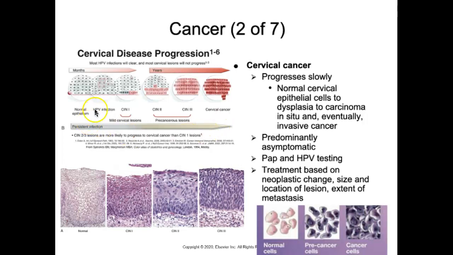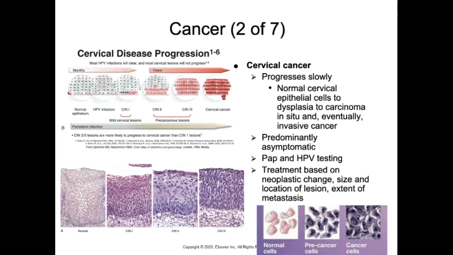How we progress to this is that the immature basal cells of the squamous epithelium, in areas where we have epithelial breaks or some type of injury, start to become immature metaplastic squamous cells, and these develop because of that HPV infection. We typically see this in that transformation zone where the squamous cells turn into the columnar cells.